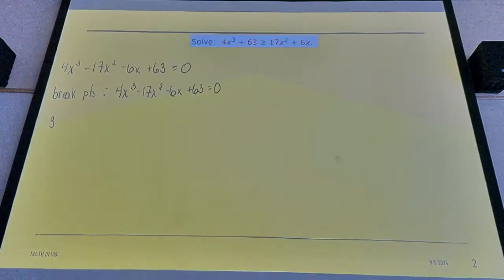Let me say I listed out all my possible rationals and I just guessed 3 is a 0. So I'm going to use the remainder theorem to verify it. Synthetic division. Remember synthetic? 4, -17, -6, 63. List out all the coefficients in descending order of power.